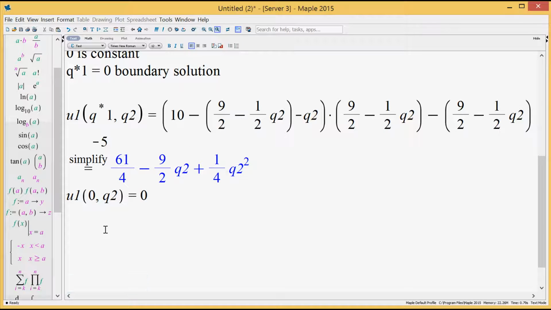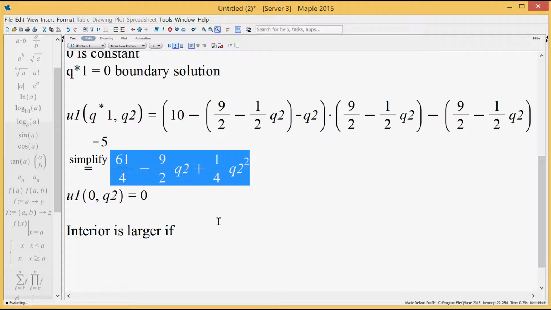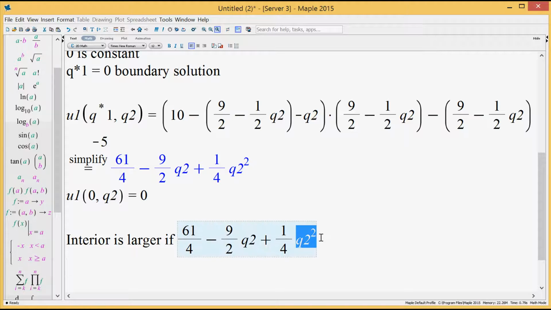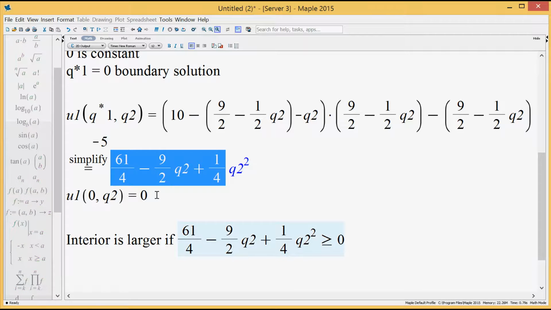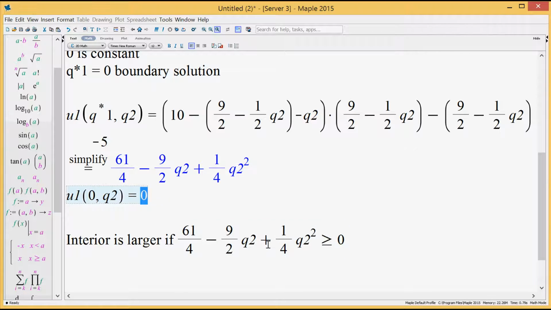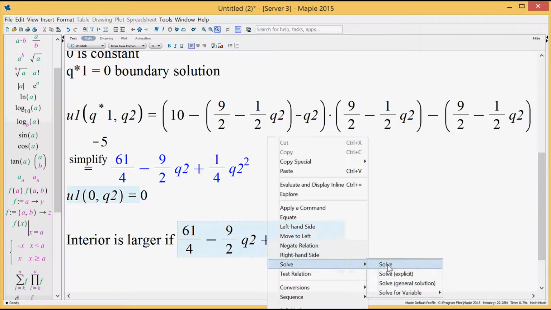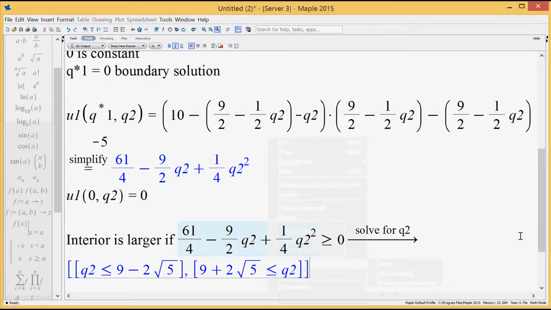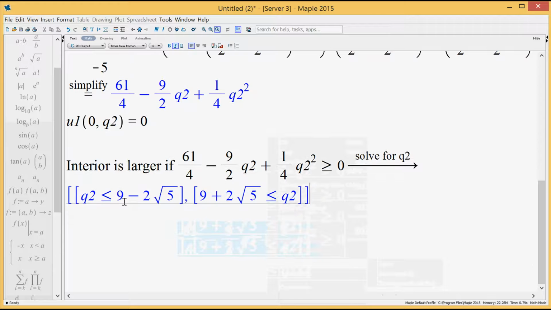The interior is larger if this thing is larger than 0, right? So when the utility at this point is larger than the utility at 0. This is hard to solve, so let the computer solve this. Solve for variable Q2, and you get an expression like this. It's smaller than a number, or it's larger than another number.